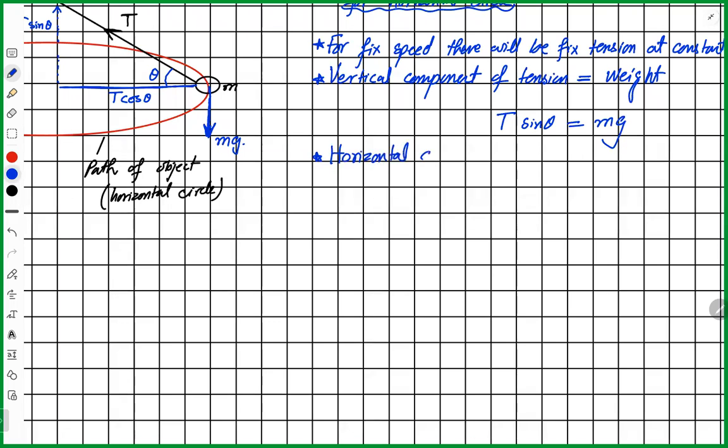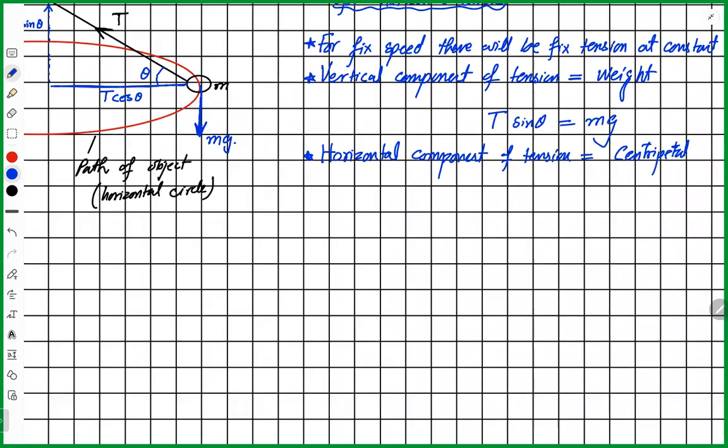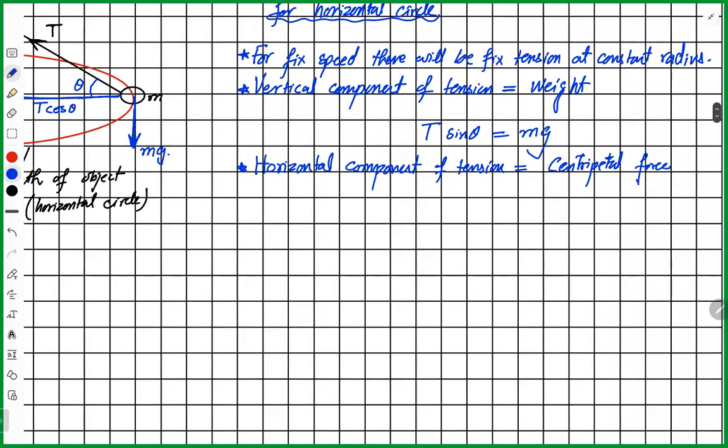The horizontal component of tension is equal to centripetal force. T cos theta equals mv square over r.